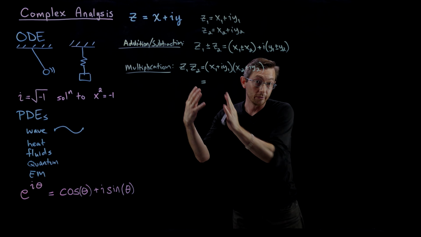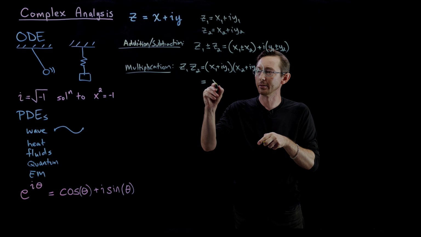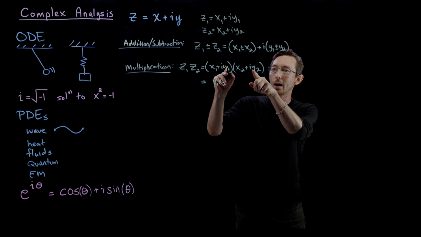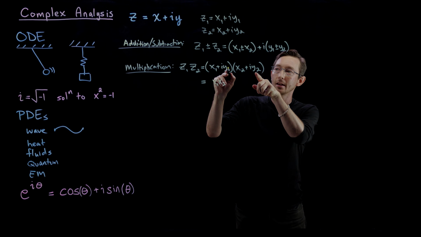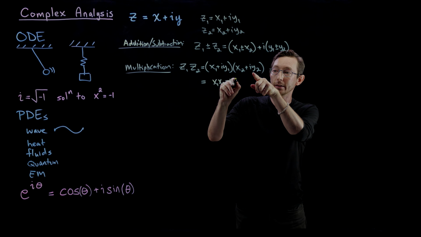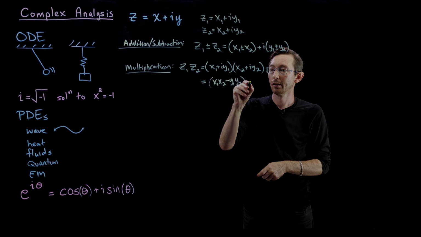And we're going to collect all of the real parts and all of the imaginary parts. So I get x1 x2, that's a real number. And iy1 times iy2. Remember, i squared is -1, so that's just minus y1 times y2. So those are the two terms that are real.